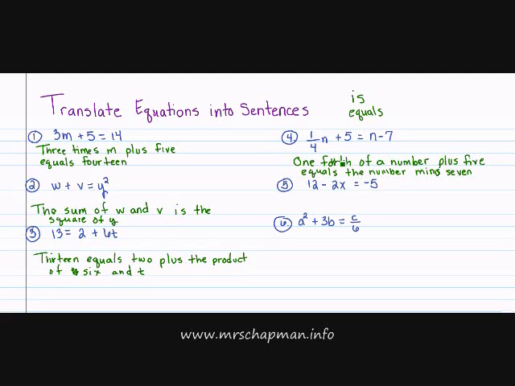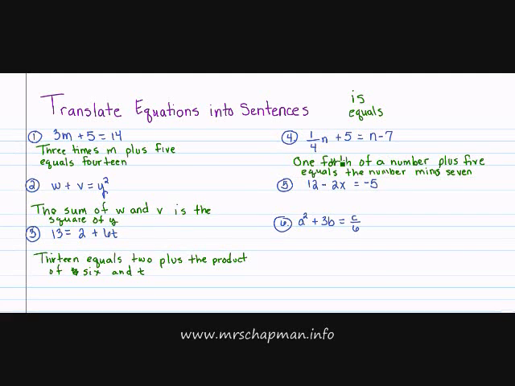We could say 1/4 of n plus 5 equals the difference of n and 7. There's definitely a bunch of different ways to write it. Check with your teacher, make sure that it's the way he or she wants you to write it. I allow different ways to write it as long as they write the words out, and as long as they're including the correct operations, numbers, and variables. If I can rewrite it in the algebraic sense, and it comes out the same, then yeah, it's okay.